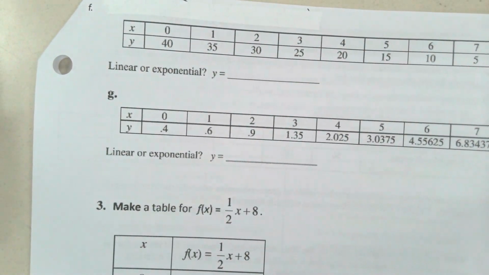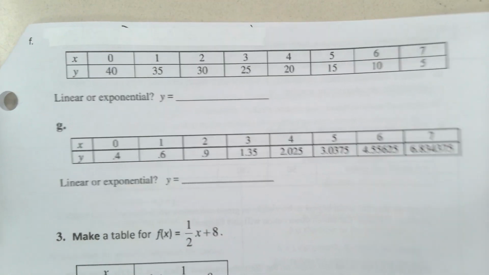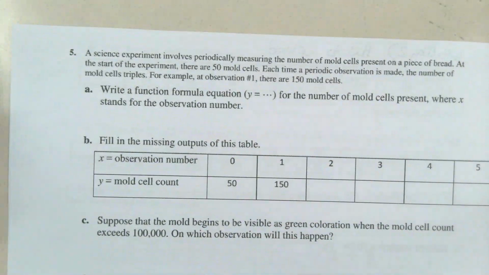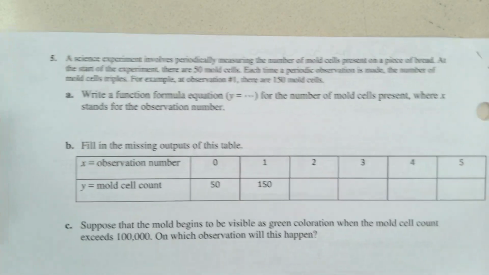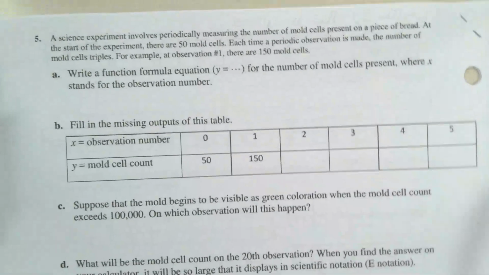I'm going to skip page 3, but we've done a few of these. And I'm going to do a little bit more on the back page. I have a science experiment that involves periodically measuring the number of mold cells on a piece of bread.